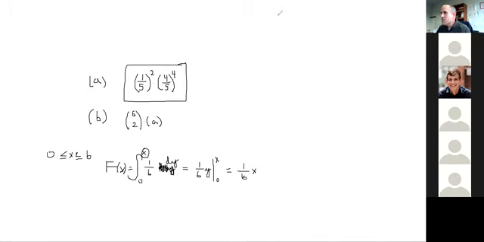So I guess the y that you plug in, is that almost like a dummy variable? Yeah, that is exactly right. It's the variable of integration. You don't want to use the same variable in the integrand that's in the limit of integration. Does that make sense? Yeah, makes sense.